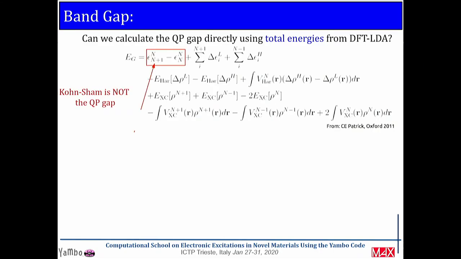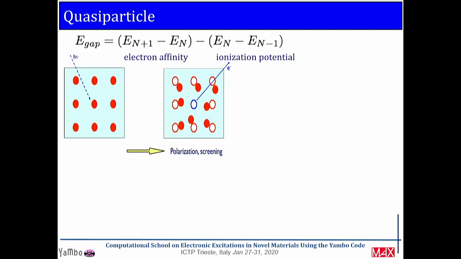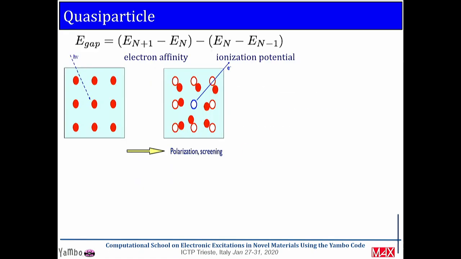But we can actually write an expression of the gap by performing different calculations of our system. We consider the system with an electron more and an electron less, n+1 and n-1, and since DFT gives access to total energy, we can evaluate the gap in this way.